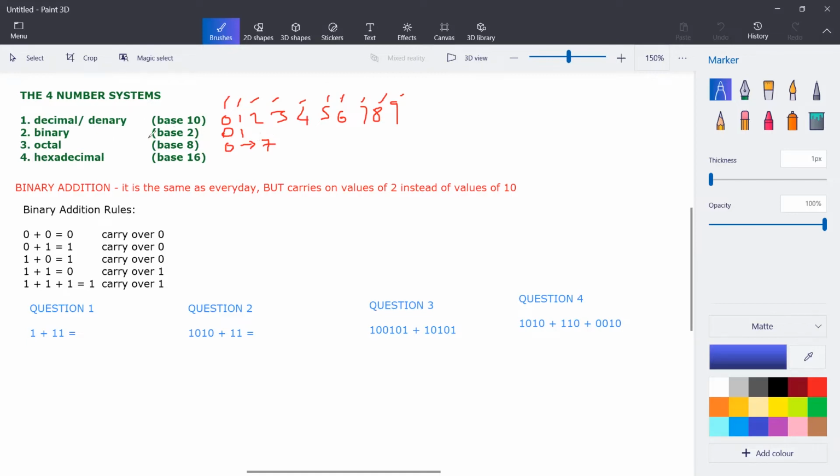If you have large binary numbers, you can convert them to octal and hexadecimal so that you consume less storage space. So don't worry, I'll do a video on conversions later on, but in this video, my main concern is binary addition, because this is the basic kind of operation that we'll be doing with binary number systems. So you have to understand binary addition, how it works.